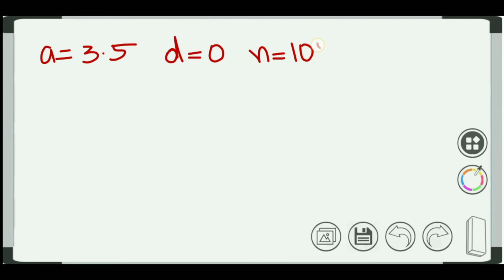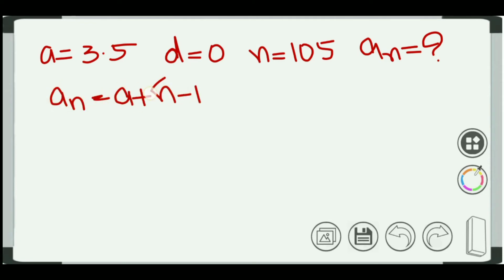Next, a is given as 3.5, d equal to 0, n is equal to 105, an we need to find. Again the same formula, an is equal to a plus n minus 1 into d. I am substituting the values.